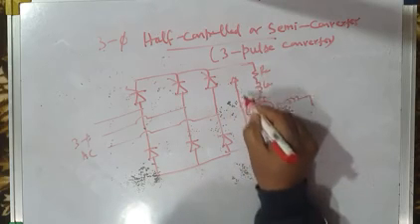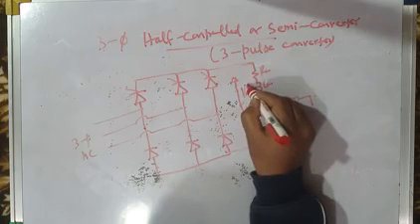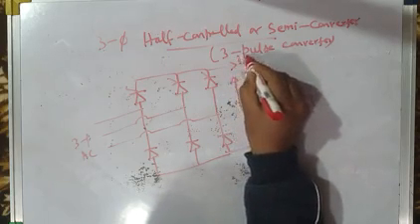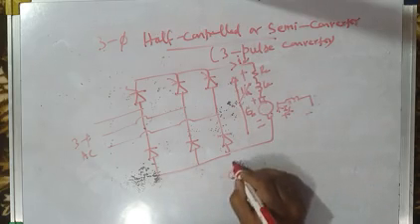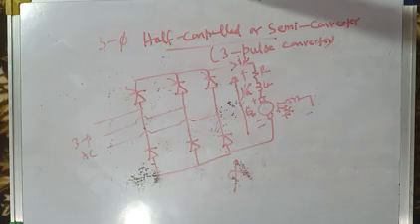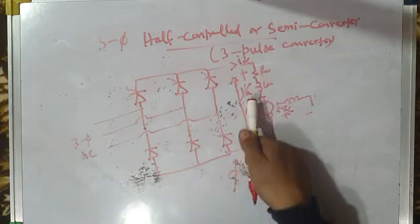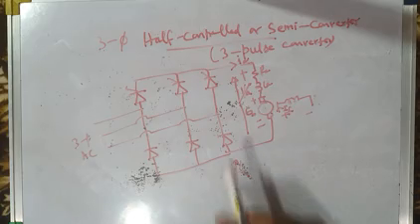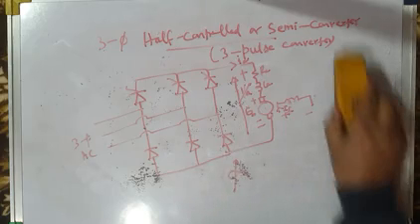The load voltage or armature voltage is VA, which is controllable, plus minus, and armature current or load current is IA. Again, alpha control, delay angle or firing angle control, is done here. A variable armature voltage is achieved, and hence a wide range of torque control and speed control is achieved. This is about the three-phase half-controlled converter.